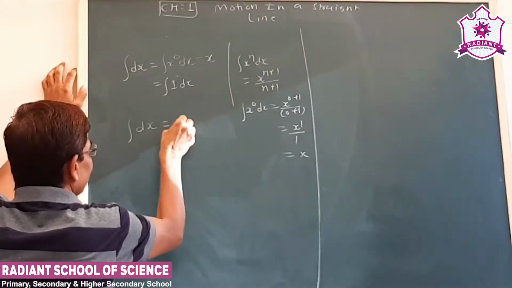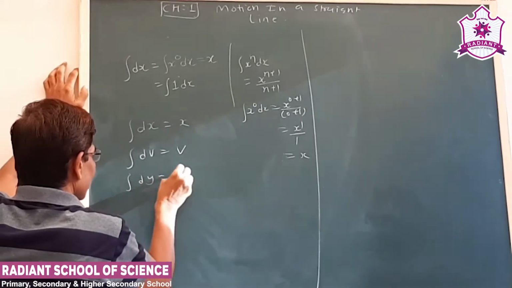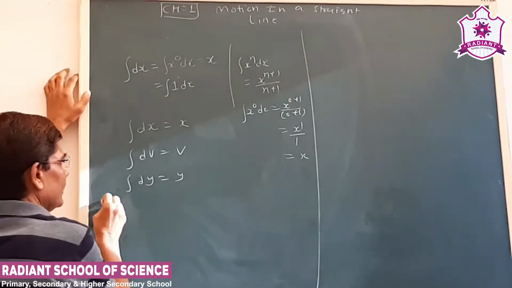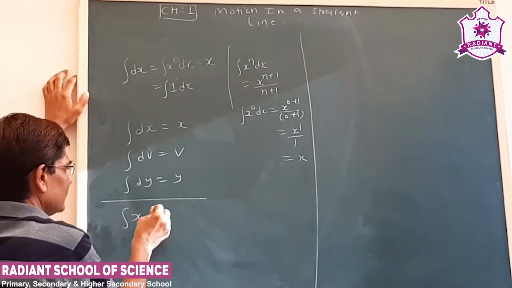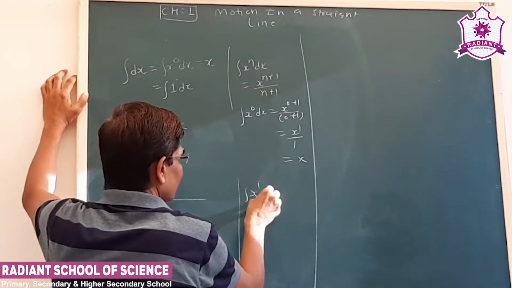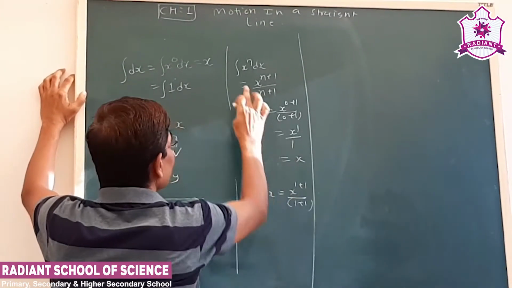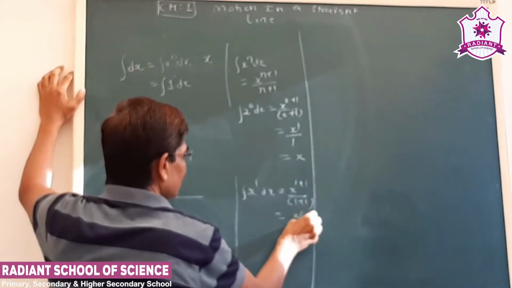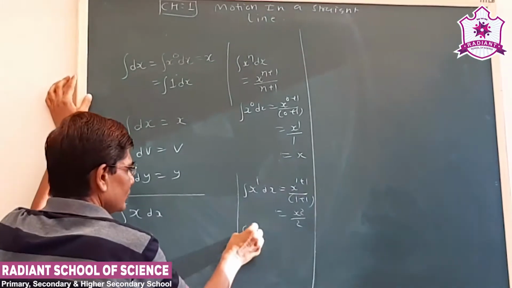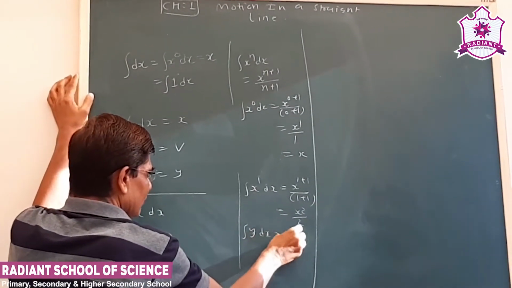So this is how we can write. Similarly, integration dv will be v, dy will be y. Now integration x dx is nothing but x to the power 1 dx, that is x raised to 1 plus 1 upon 2, going by the same formula, x squared by 2. Similarly, integration y dy will be y squared by 2.